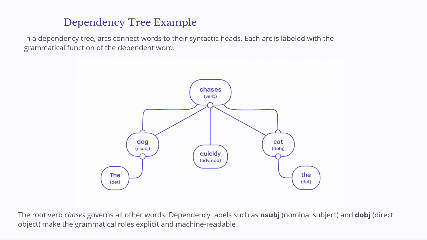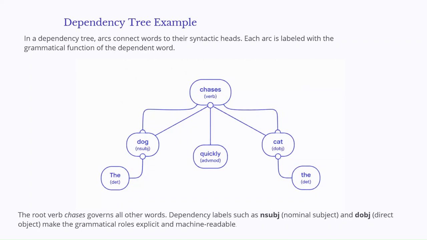Okay, this is the sentence. So the root verb, if you remove the word chases, then you can see the dog quickly the cat, or else the dog cat quickly. So it won't have any meaning. So whichever verb combines the two parts of the sentence, you have to take it as the root verb. So the root verb chases governs all other words.